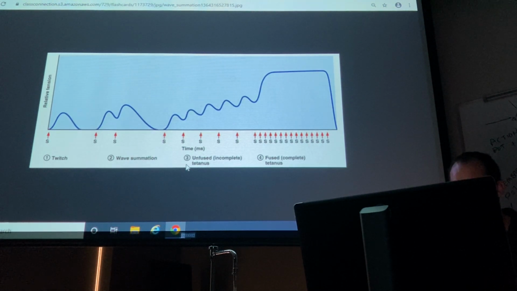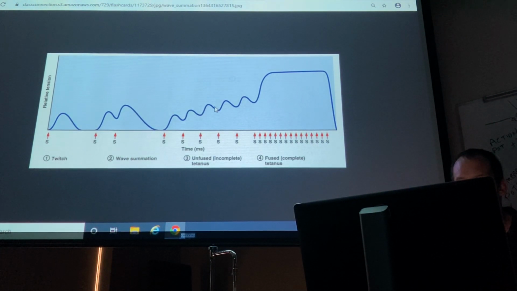You may be familiar with the term tetany when it comes to tetanus or getting a tetanus shot. Tetanus is like locked muscle, but as you build up to that complete tetany, you're maintaining contraction strength. You see that you still have some tension. The tension never completely releases, never goes back to zero.